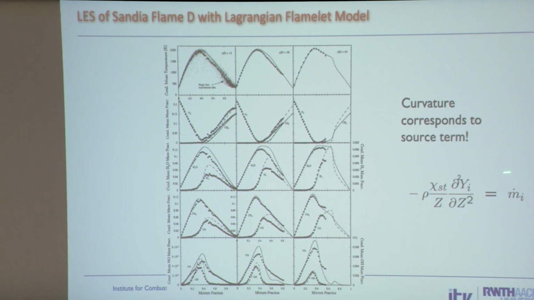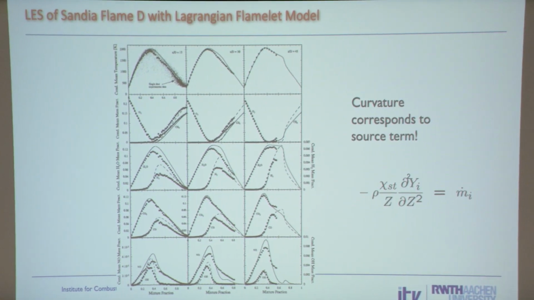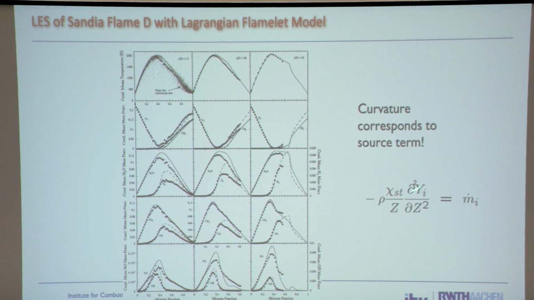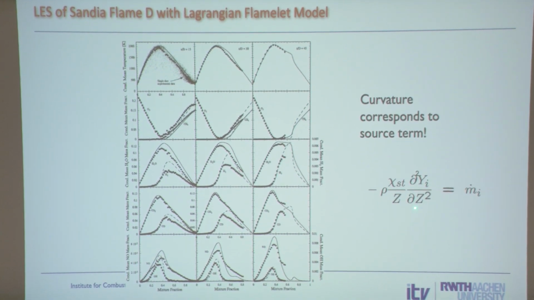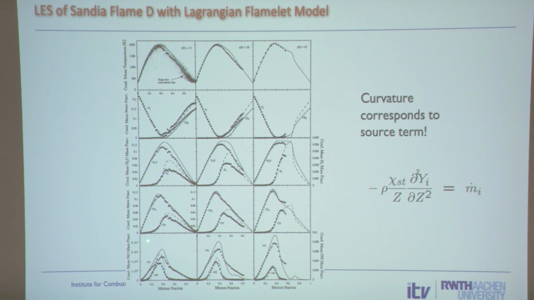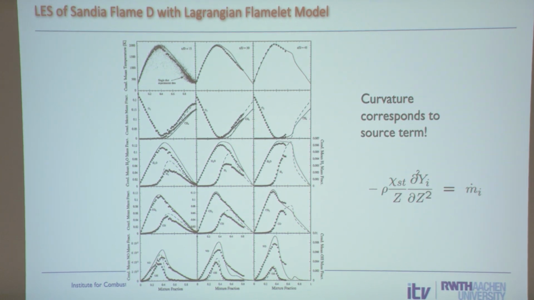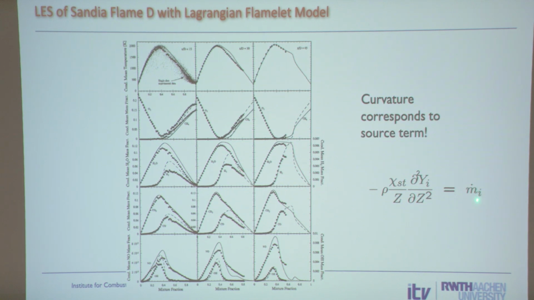And now I can look at the equation here, and the equation says d²Y/dZ² is equal to minus ṁ. So this shows Y as a function of Z, and this is the second derivative, it's just the curvature of the profiles, right? The curvature of the profile is proportional to the chemical source term.